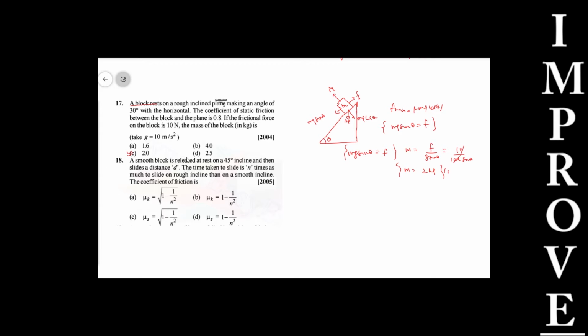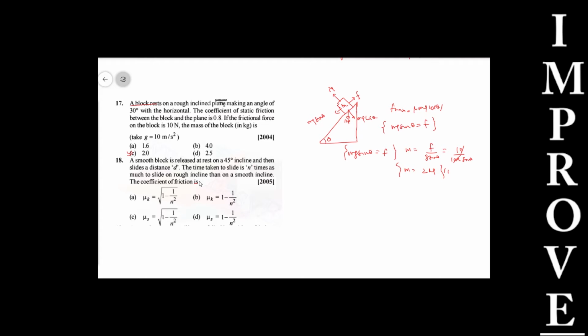A smooth block is released at rest on a 45-degree incline, and then it slides a distance d, and the time taken to slide is n times as much to slide on a rough incline than on a smooth incline. The coefficient of friction is.